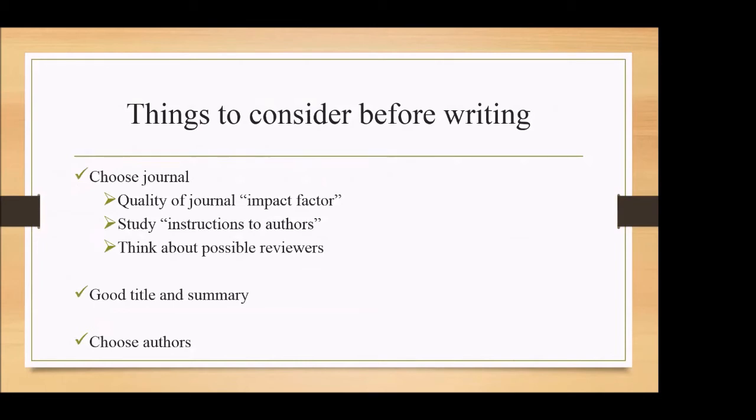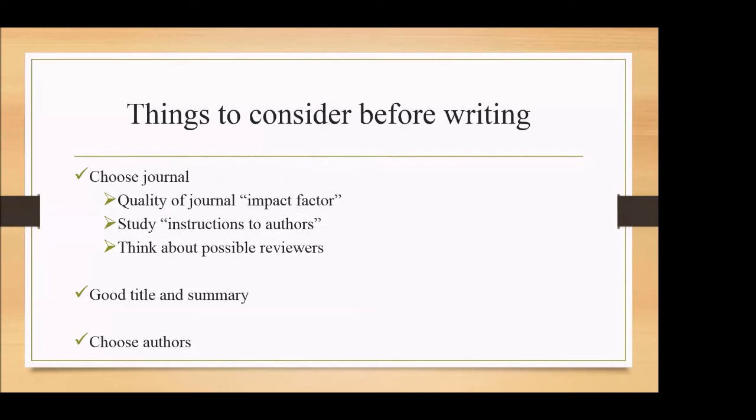I look for the quality of the journal by the impact factor, and also the instructions to authors, and think about possible reviewers. Who is going to review my work? If I wrote this, who is going to look at it? I will show you what I mean by impact factor in a moment.